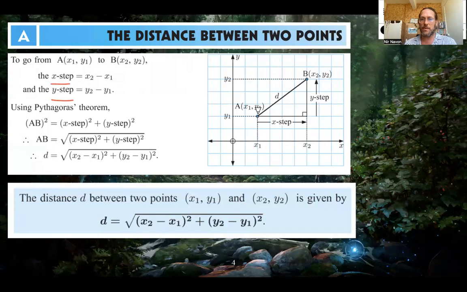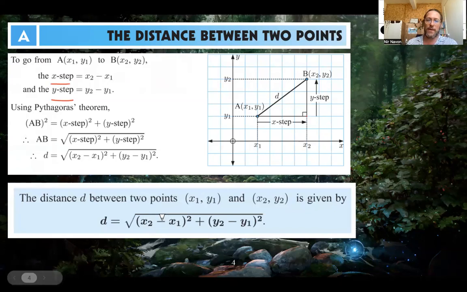The X step, going from here to here on the X, will be called the X step, which is the X of B minus the X of A. And then the Y step, 1, 2, 3, which is the Y of B minus the Y of A. If we use Pythagoras, we see it's this squared plus this squared equals that squared. So this is how we get to the distance formula, the distance between 2 points.